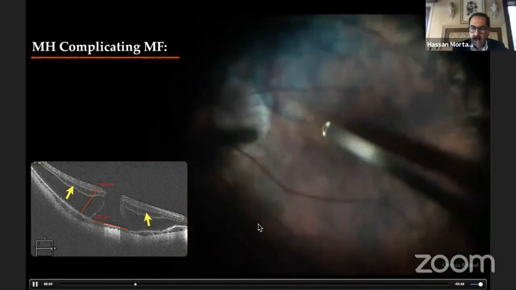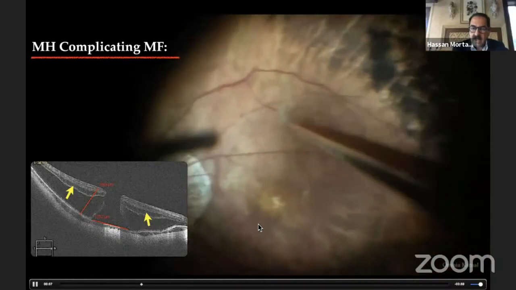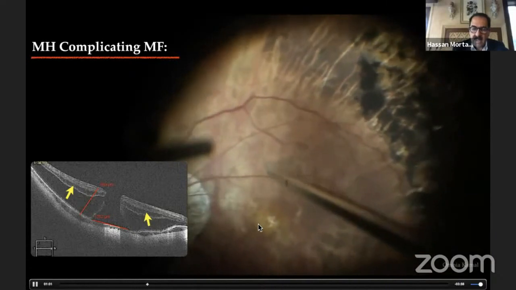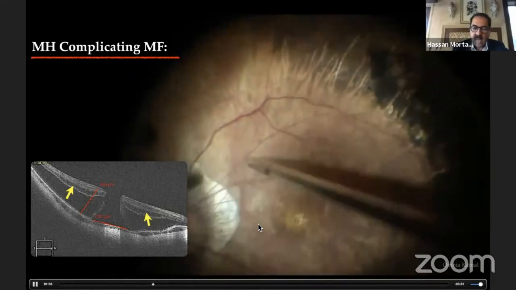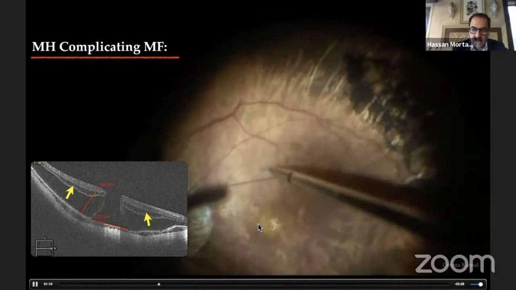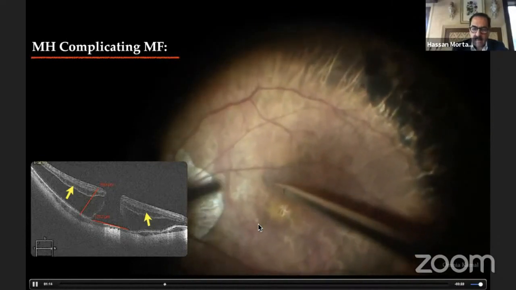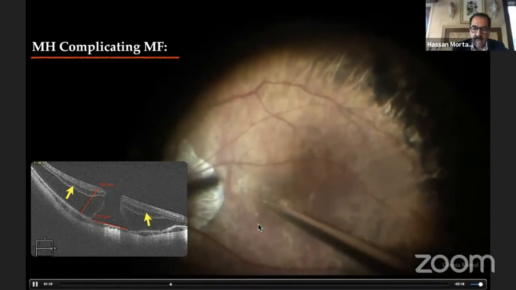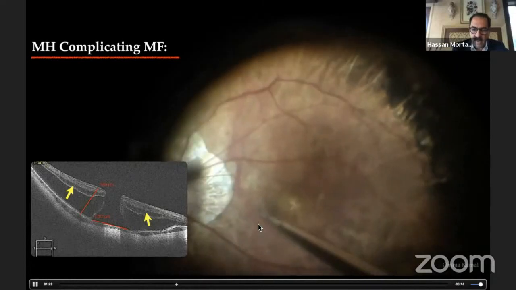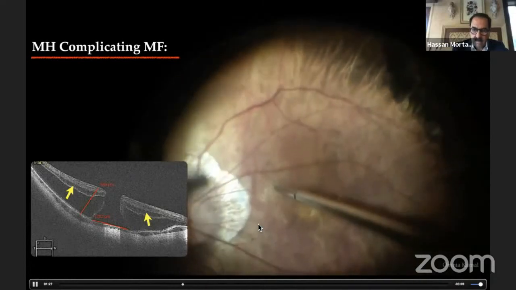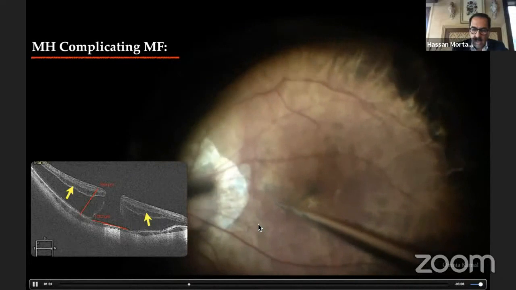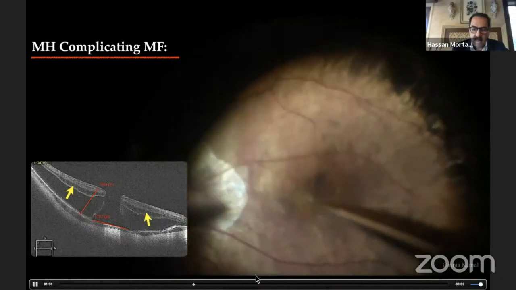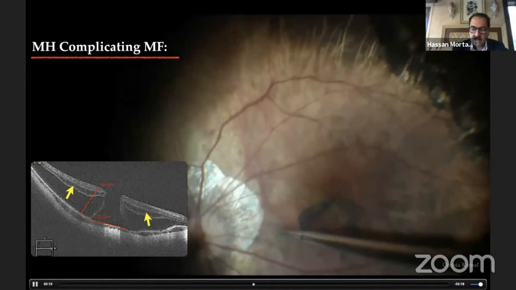At that time I was using the Tano scraper to create the flap, but I stopped using this technique. The internal limiting membrane is peeled toward the macular hole, trying to create multiple flaps.